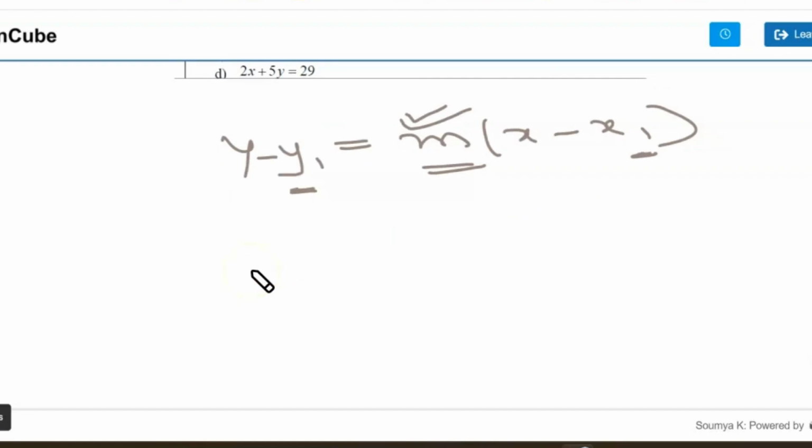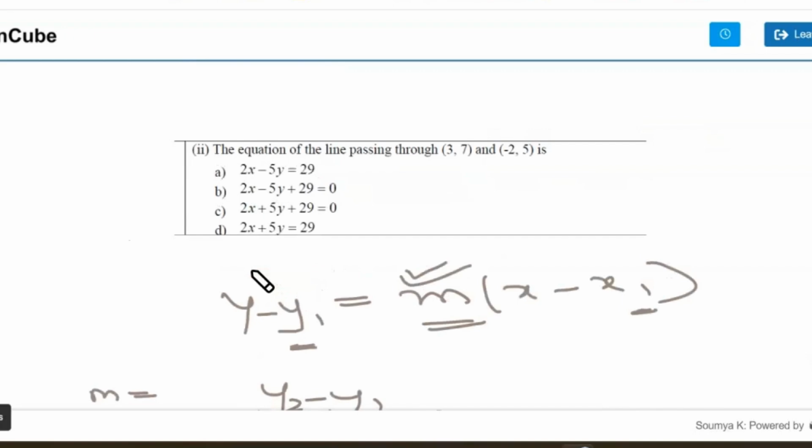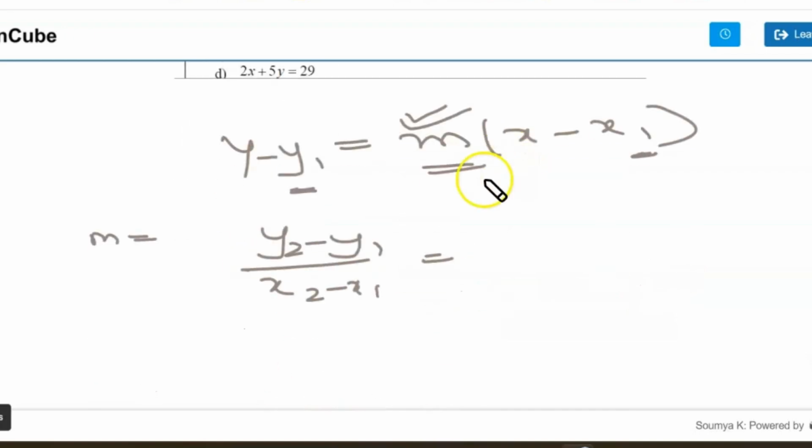Slope is usually found by the formula that we have already seen in our previous question. So y2 minus y1 over x2 minus x1, and 2 points are given to you. What are they? 3, 7 and minus 2, 5. Let's write it down. 3, 7 and minus 2, 5.